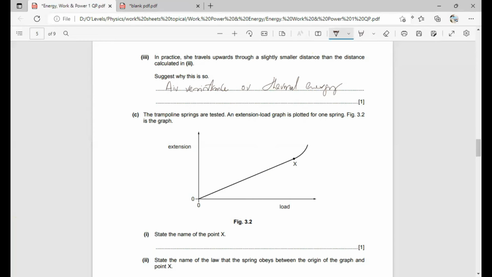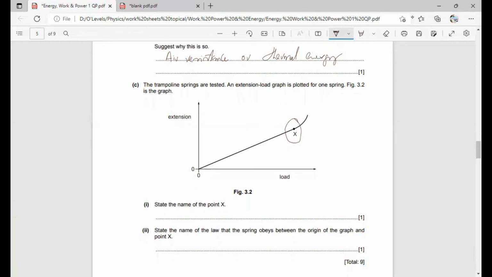So what is the point X? This is the deformation. State the name of the point X. This is actually called the limit of proportionality. Actually, the limit of proportionality is that particular point after which you will not get the proportional stretch.